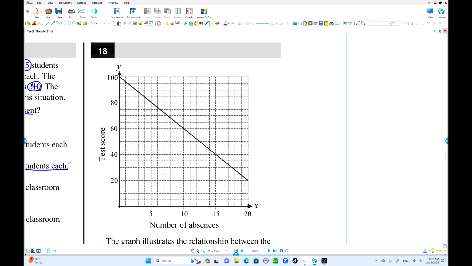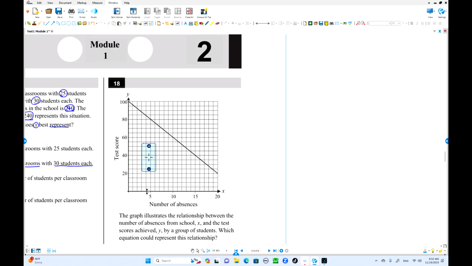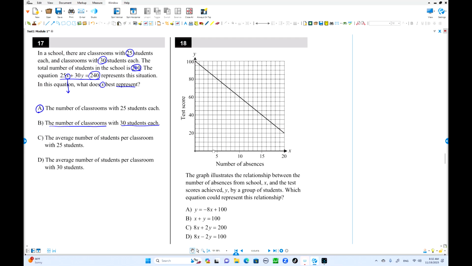The next one, number 18. So we have some graph over here, okay? Number of absences and test score. Number of absences is what? Increasing to the right, okay?